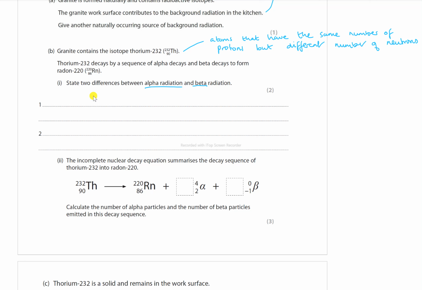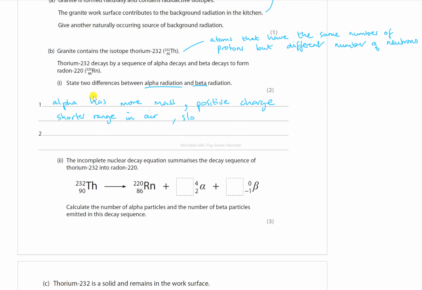So what they've said is alpha has more mass. It has a positive charge and it has a shorter range in air.